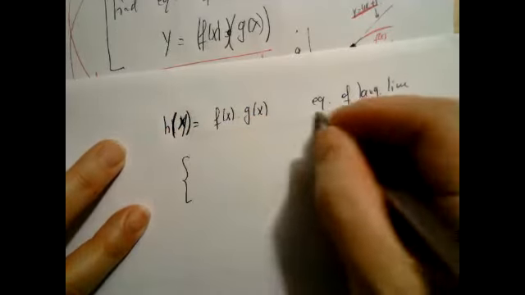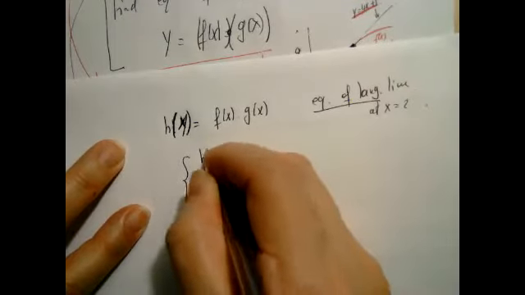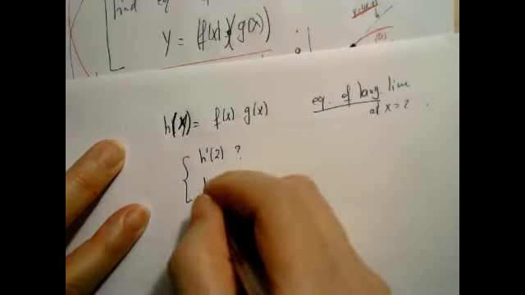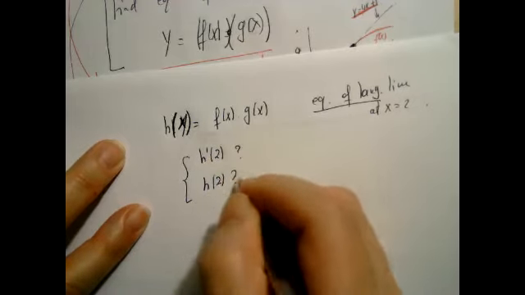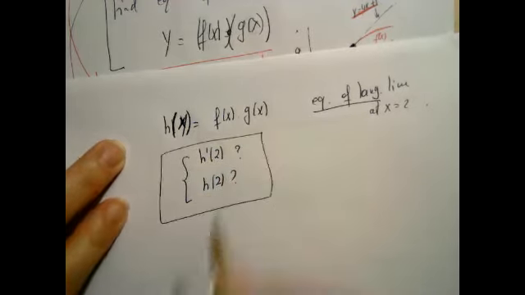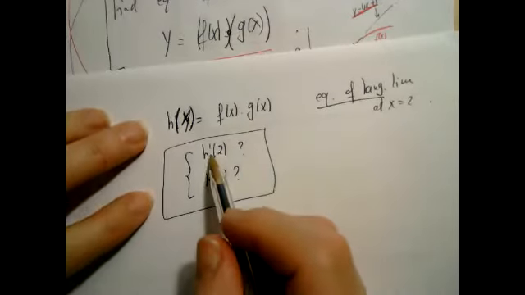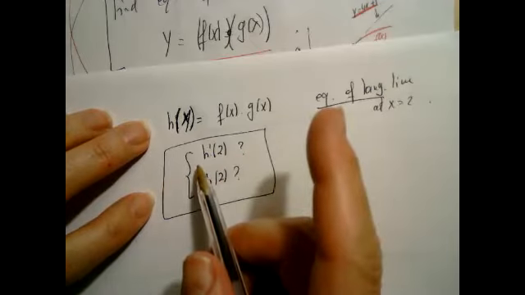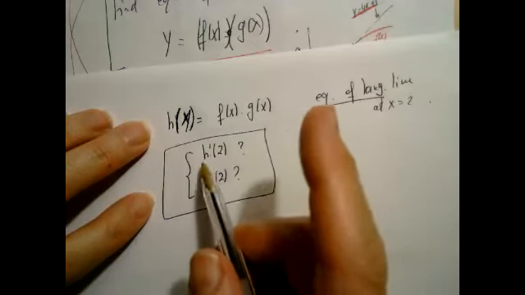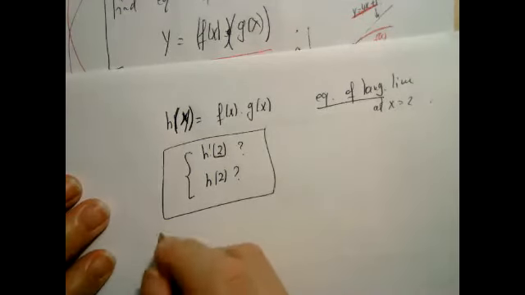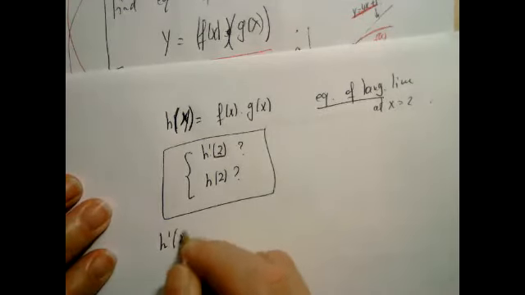Okay. So what do we need? We need two things for the equation. We need the slope, it means we need h prime at 2, and we need the actual value of the function. These are what I need. Okay, let's find them one by one. To find h prime, I need h prime for any x. Once I find it for any x, I plug in 2 for it. So first we need to find h prime.